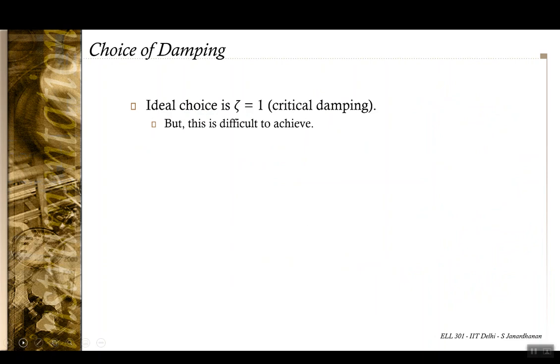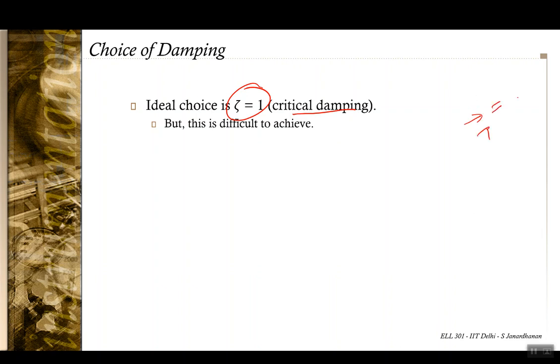And this ideal choice, where the response is quickest, is the critical damping. However, this is zeta equal to 1, and we are dealing with a practical instrument, where it is very, very difficult to tune the instrument in a manner such that some parameter is equal to something.